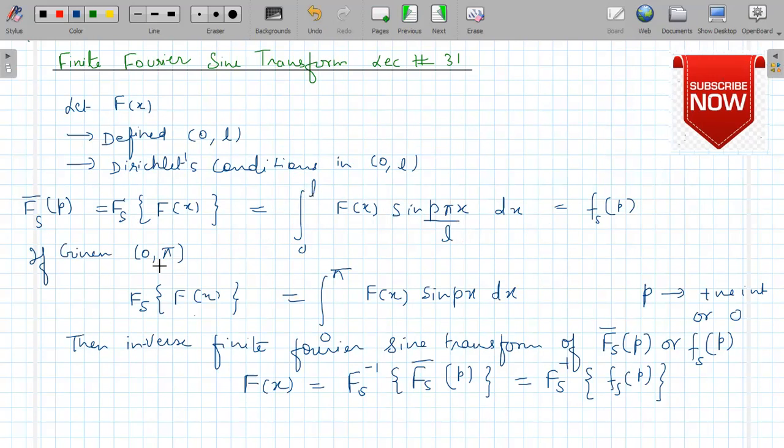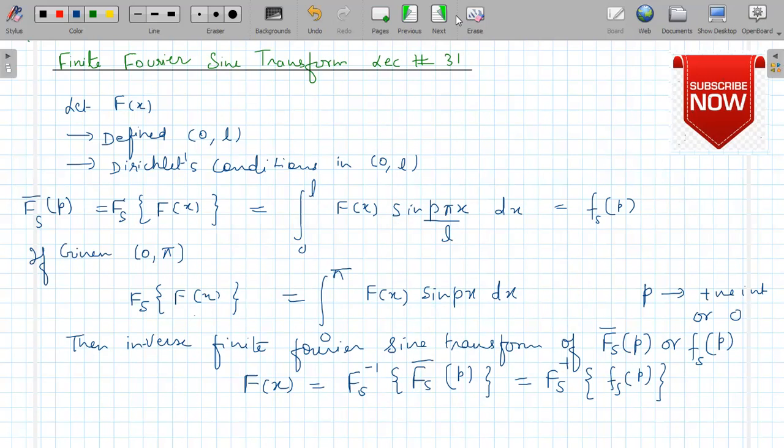If the interval is from 0 to pi, then we replace L by pi, so the formula will be the integral of f(x) sine(px) dx, where p is a positive integer or it may be 0. If we are given the finite Fourier sine transform of any function, then we can find its inverse, and by doing so we will obtain the function f(x) whose finite Fourier sine transform is given to us.